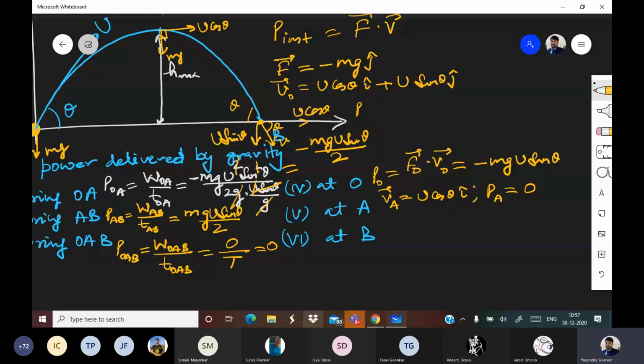So P at B will be, now force is also downward and the velocity component is also downward, so that will be mg U sin theta, because minus j dot minus j will be plus 1. This is the answer. If you have any doubt, please feel free to ask.